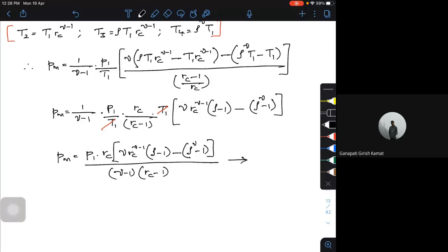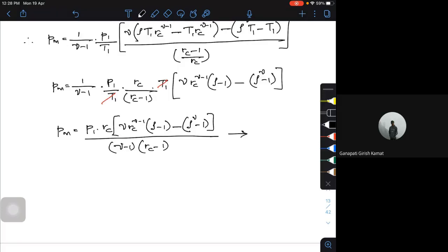So we can call this equation number 6. This is the final expression for your mean effective pressure of a diesel cycle.